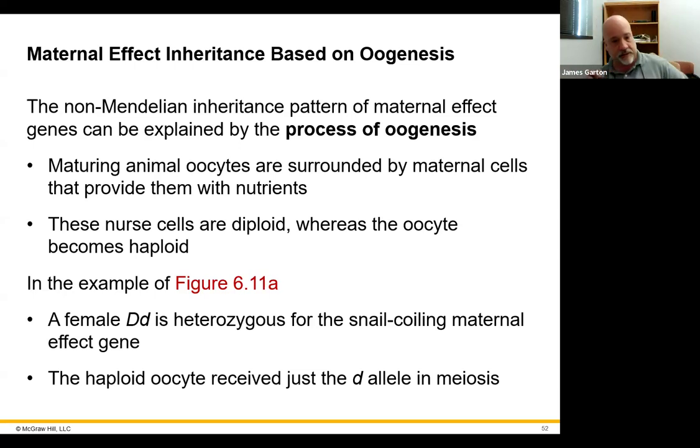If that female is heterozygous for the snail coiling gene, this capital D allele product will be put into the developing oocyte, and that will cause that right-handed turn. If the female is nothing but recessive little d, all that we put in the developing oocyte is the gene product from that little d, and that will cause a left-handed turn.